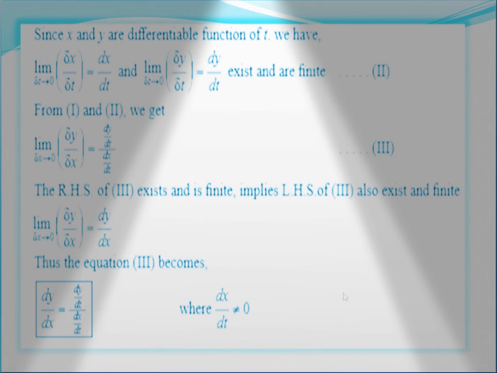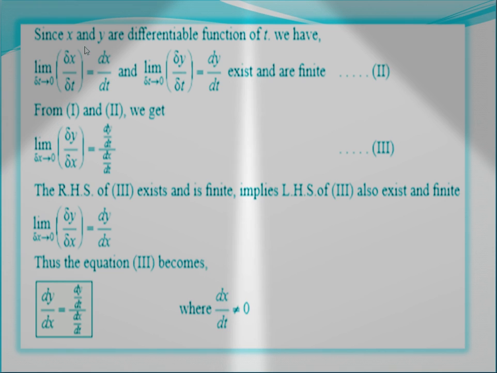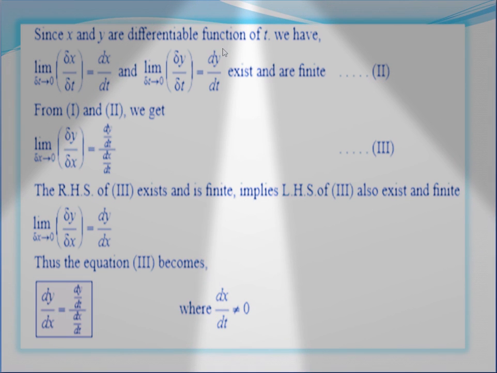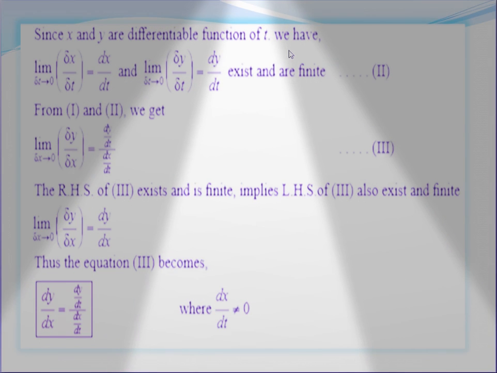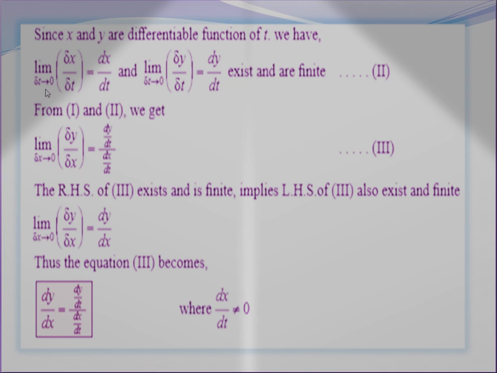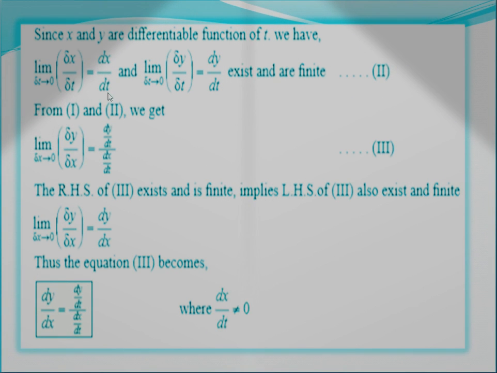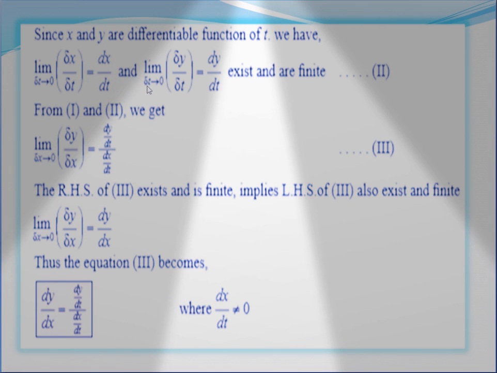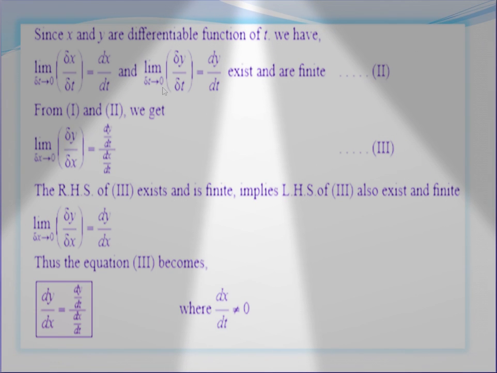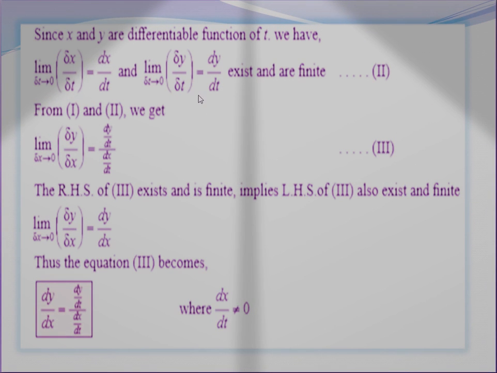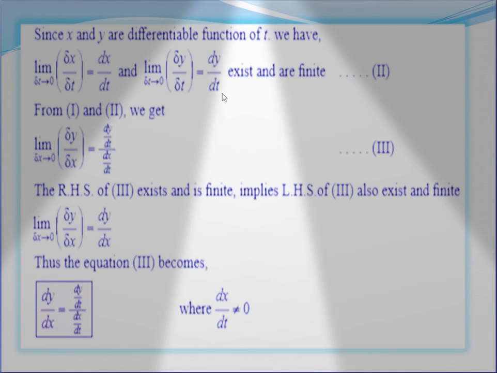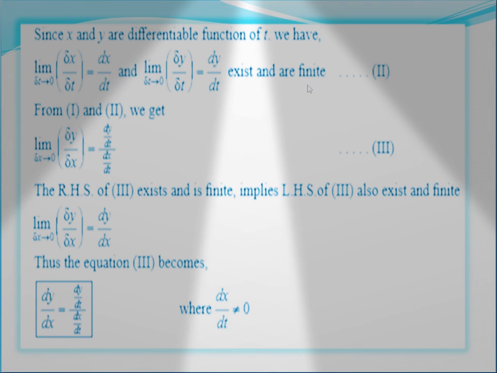Now consider the given part. Since x and y are differentiable functions of t, we have limit delta t tends to 0 of delta x upon delta t is equal to dx upon dt, and limit delta t tends to 0 of delta y upon delta t is equal to dy upon dt, which exist and are finite.